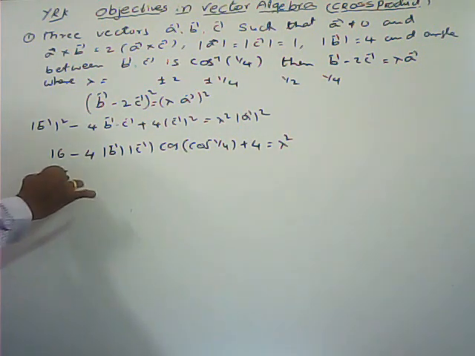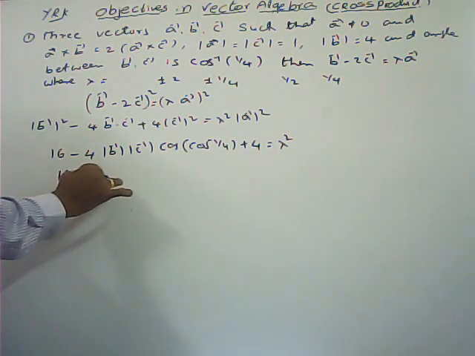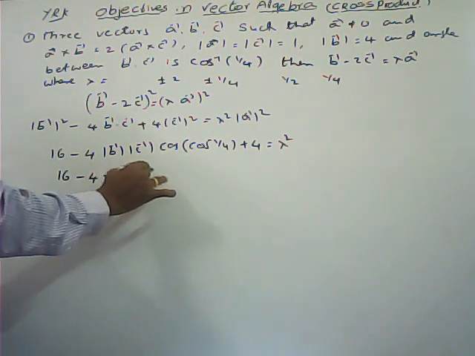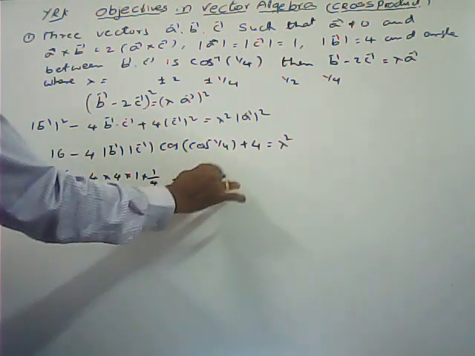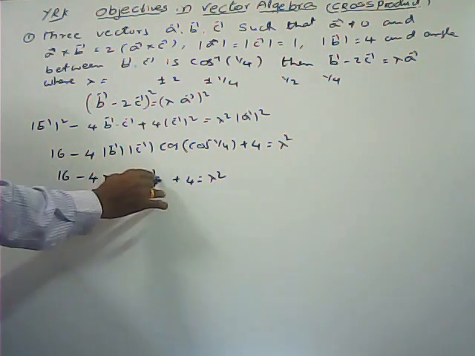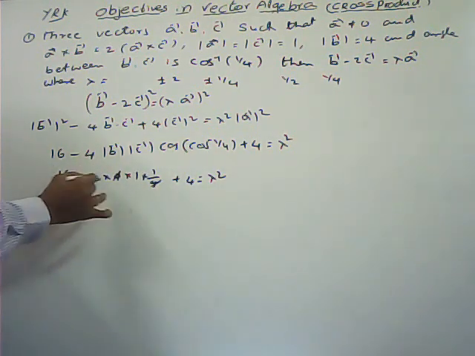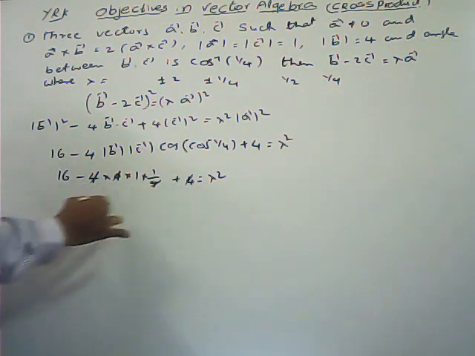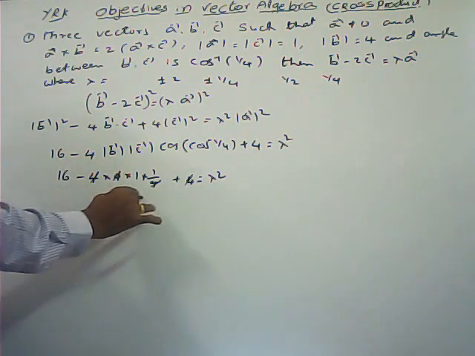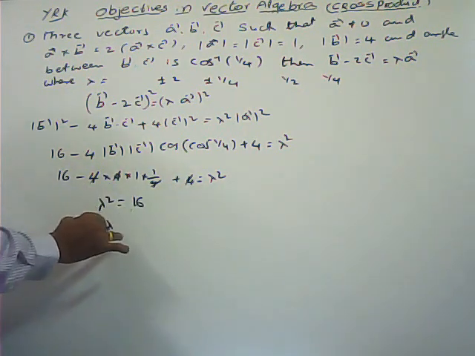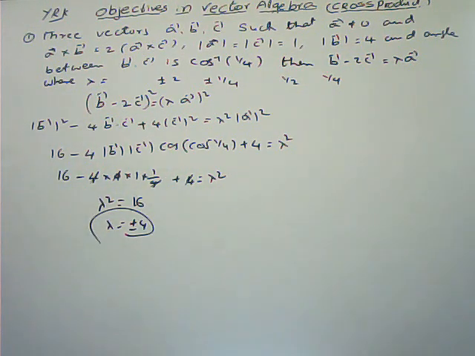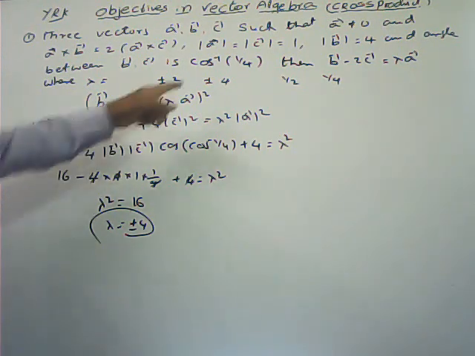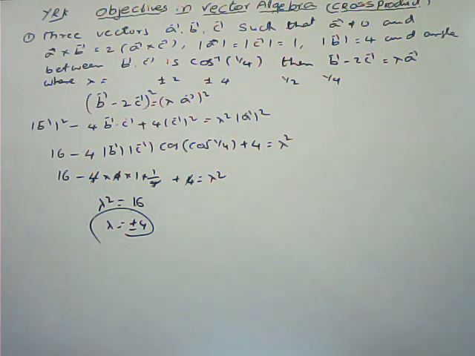So 16 minus 4 into 1 by 4 plus 4 is equal to lambda square. Then minus 4 plus 4 both get cancelled, lambda square is equal to 16, lambda is equal to plus or minus 4. So the second option.